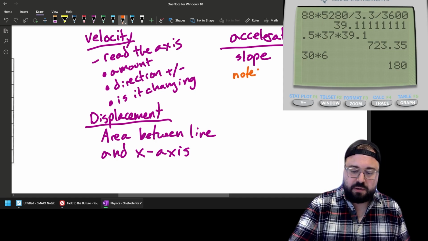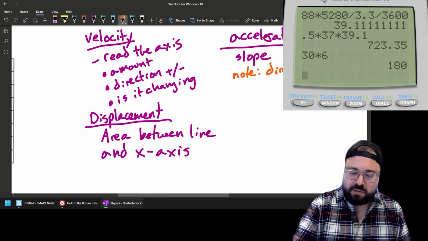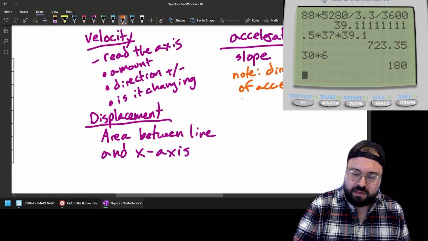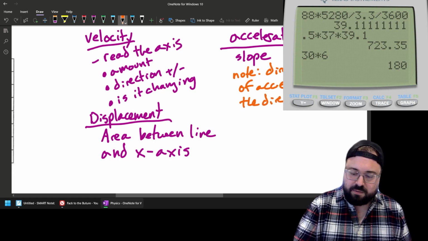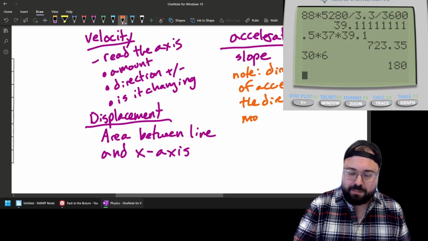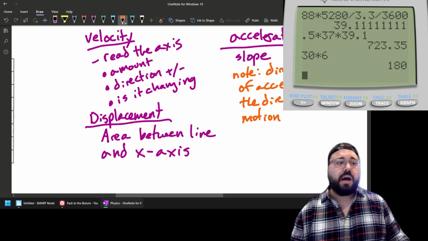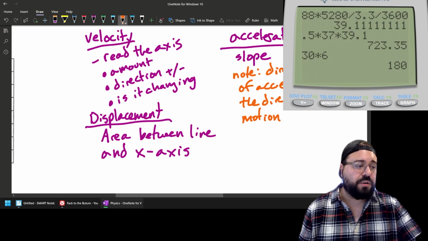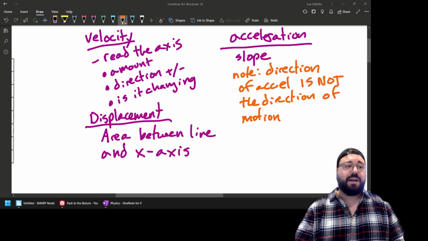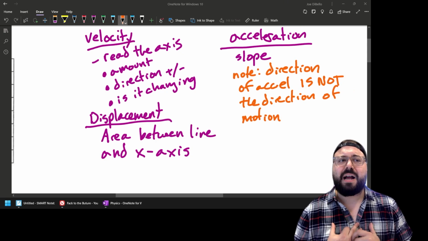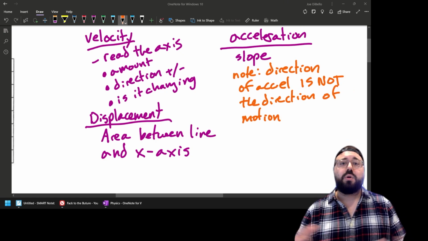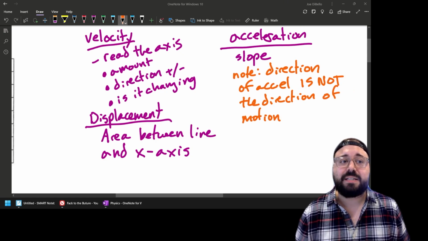Note: direction of acceleration is not the direction of motion. We spent a lot of time talking about this in class, if you guys recall. We talked about how the direction of acceleration is not the direction of motion. It's instead the direction that an object would be being pushed in order for it to change its speed.